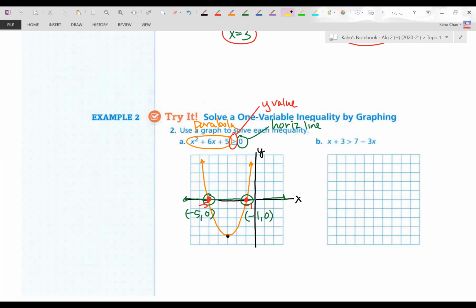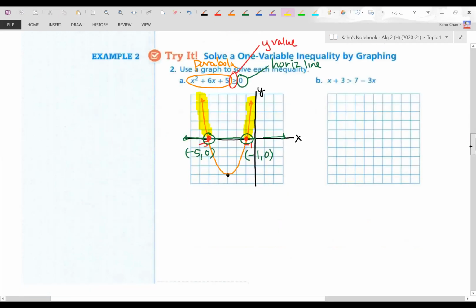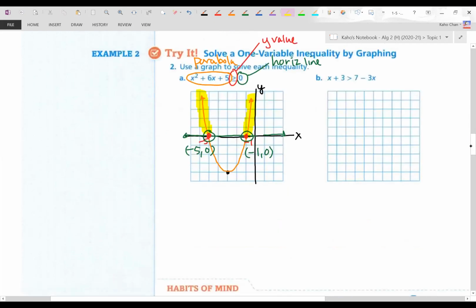As I move from left to right, the yellow graph that is above the green graph happens to be here and here. To describe that, I need to use set notation and interval notation.